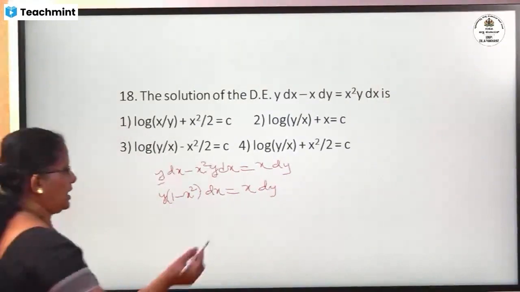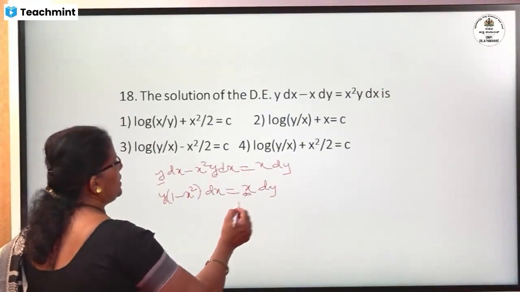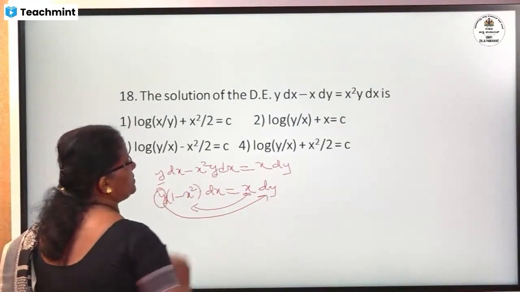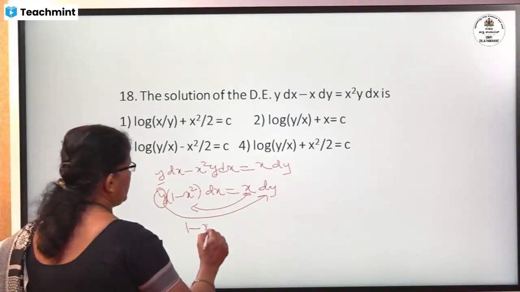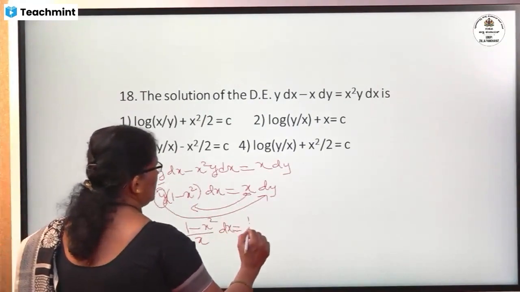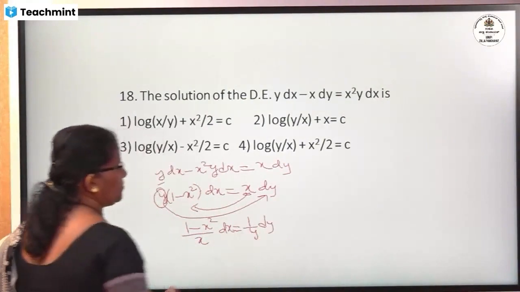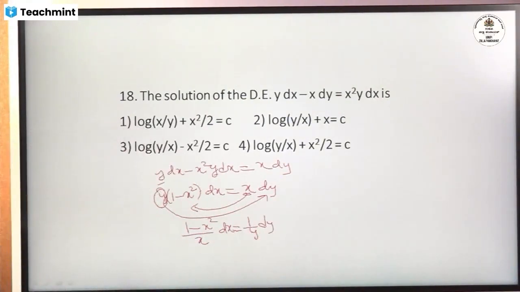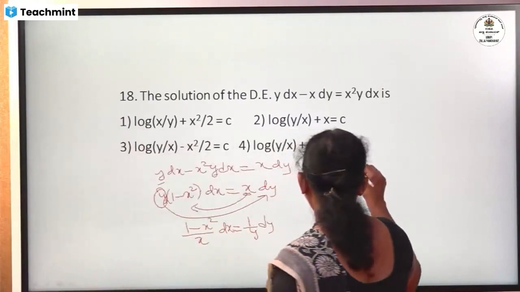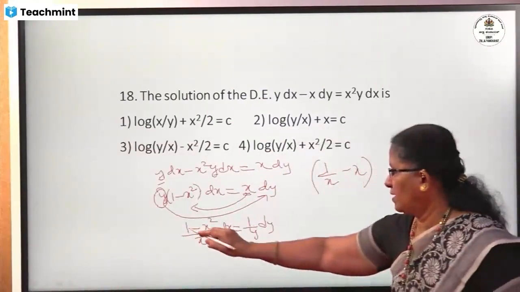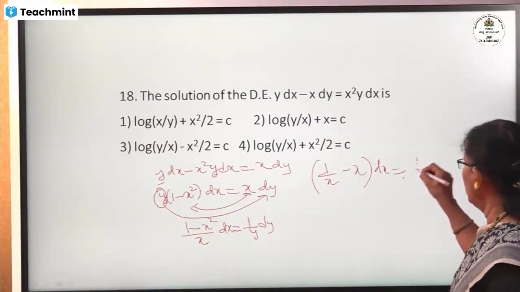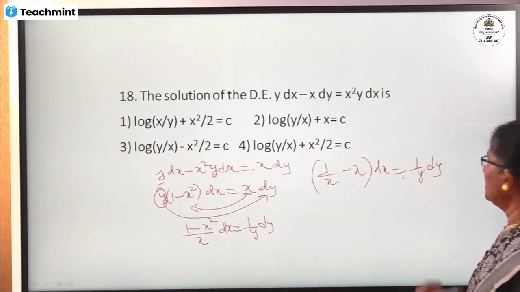Now can you see that x has no job here, it can be shifted here, and this y is nowhere useful here, I can shift it here. So what I get is 1 minus x squared by x dx equals 1 by y into dy. Now can you see that the variables are separated? So what do I get? 1 by x minus x by x into dx equal to 1 by y dy.